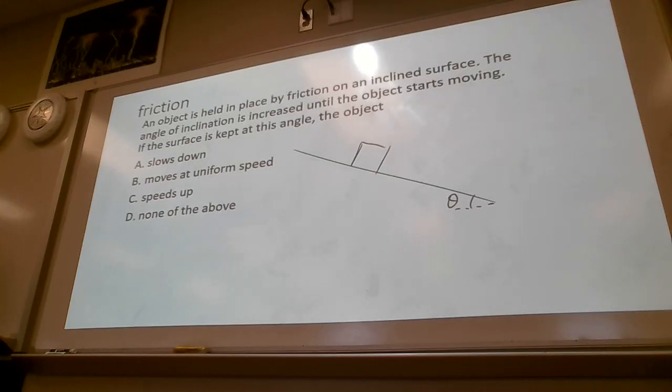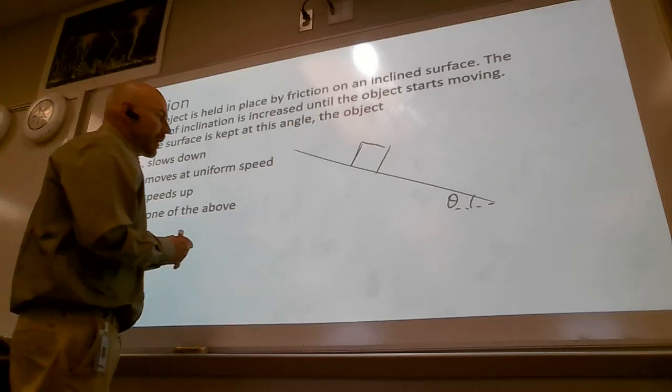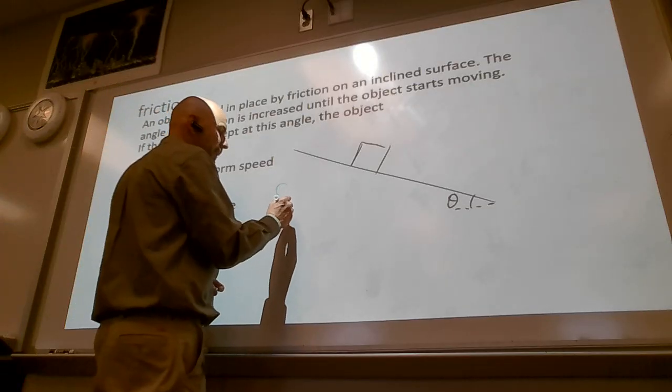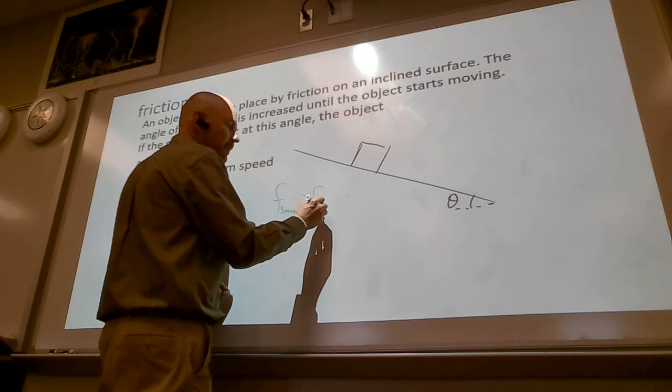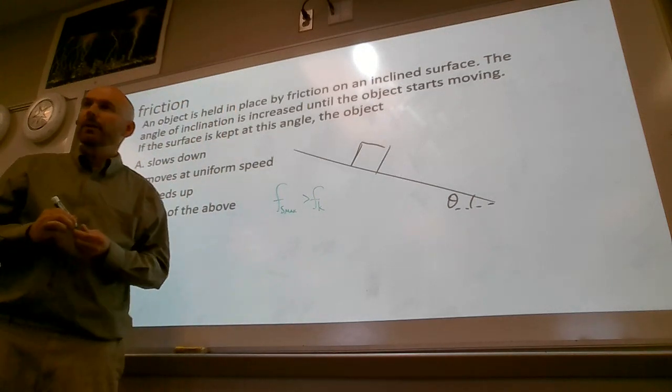Correct answer is? C. Good job. Correct answer is C. Because your maximum static friction, your kinetic friction is going to be less than your maximum static friction. Good at that?